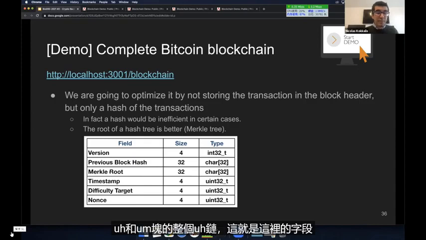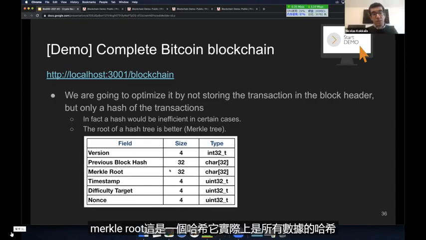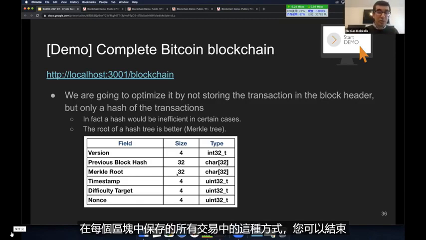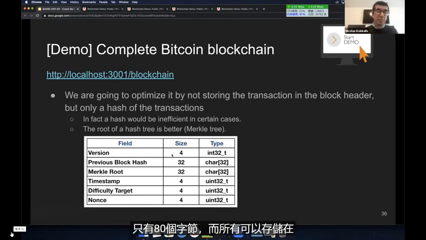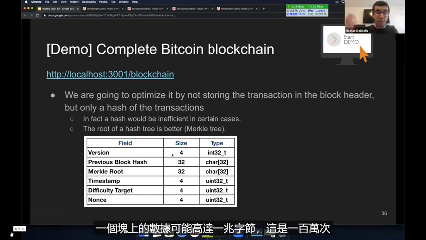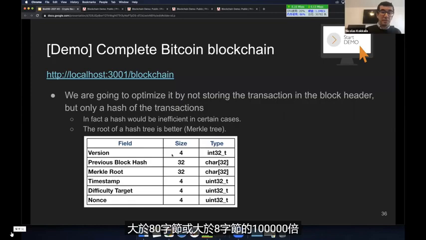And this is the field right here, the Merkle root. It's effectively a hash of all the data of all the transactions that are held in each block. And this way, you can end up with a block header that is only 80 bytes, whereas all the data that could be stored on a block could be up to 1 megabyte, which is about 10,000 times bigger than 80 bytes.